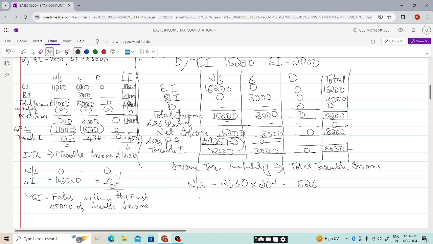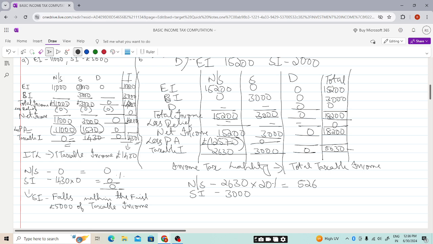After non-saving income, we will be calculating the tax for saving income. What is our total saving income? That is 3,000. Now for saving income, we need to see the first 5,000 rule. The saving income is within the first 5,000 of the taxable income. So what is our taxable income?